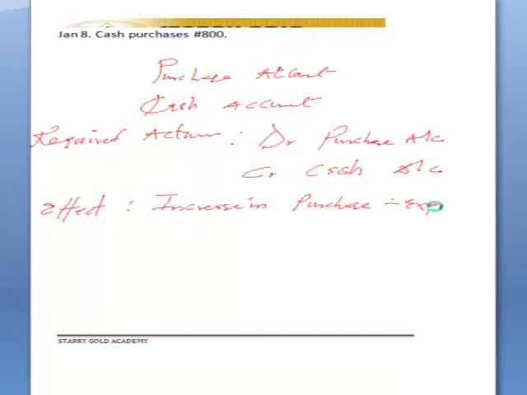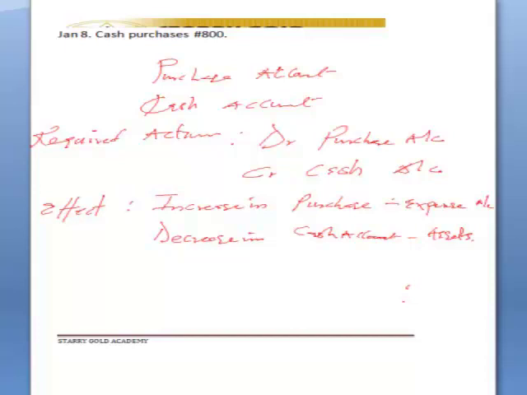Then decrease in cash, which is cash account, which is an asset. So as you can see, it's an asset.